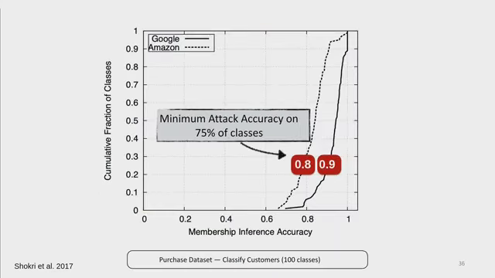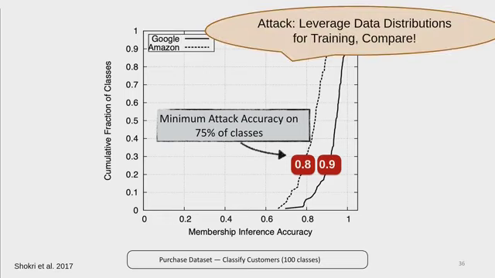Now, this example is a simple query, a simple attack where a certain set of customers are being mapped, and we see that the accuracy of the attack is reasonably large.